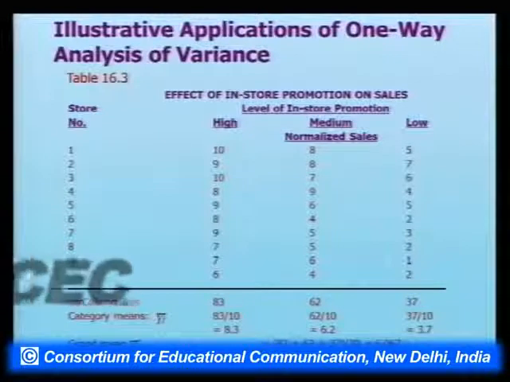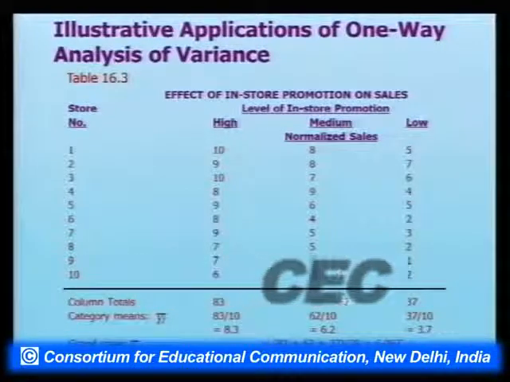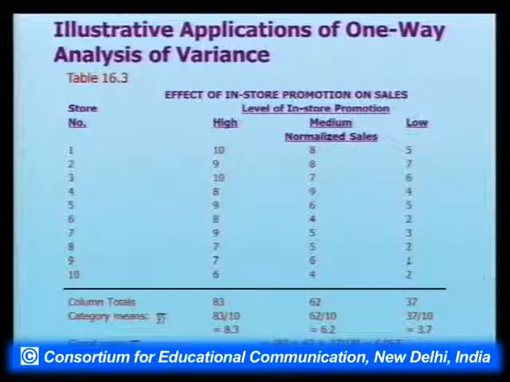If I look at the figure, it might appear that this hypothesis might get rejected, because the three means seem to be very different, especially 8.3 and 3.7 don't look close to each other. So the hypothesis may actually get rejected, but we will have to apply hypothesis testing and see whether it gets rejected. But descriptive statistics give us some idea about our commonsensical interpretation of the situation.